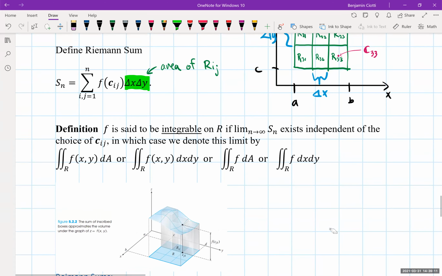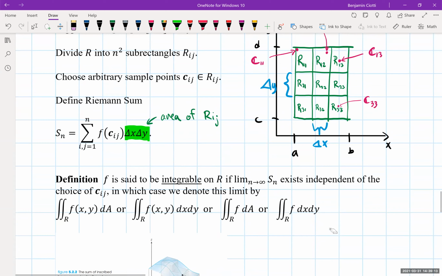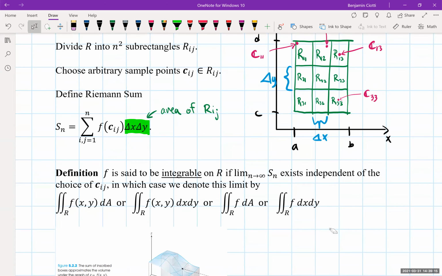So with that said, I can now define what it means for a function to be integrable. f is said to be integrable on the rectangle R if the limit as n goes to infinity of that Riemann sum S sub n exists.